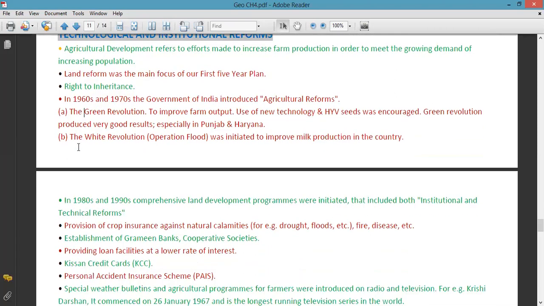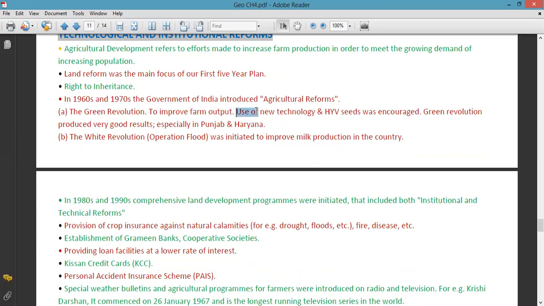Now let us discuss the agricultural reforms during 1965. First, the green revolution. The main aim of the green revolution is to improve farm output. I mean to improve farm produce, farm productivity, farm yield, so that a farmer can get more profit.